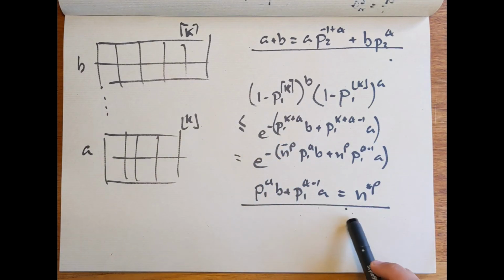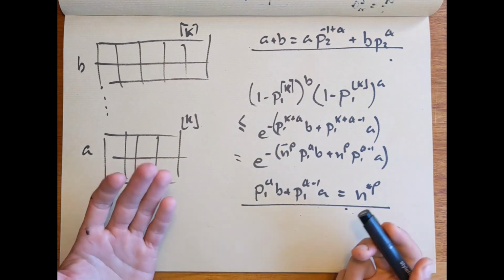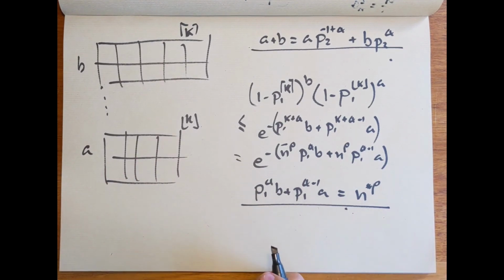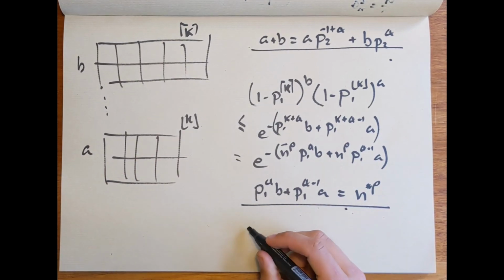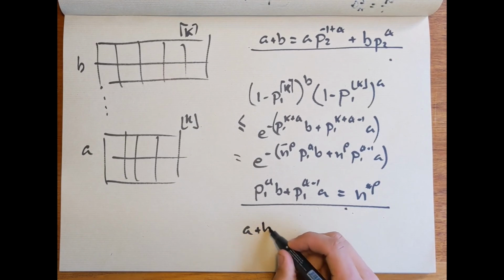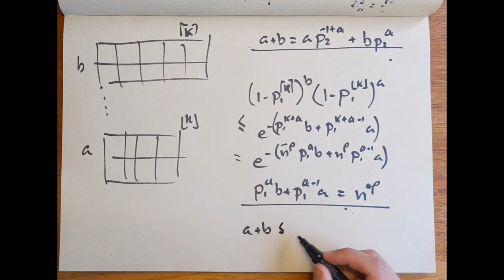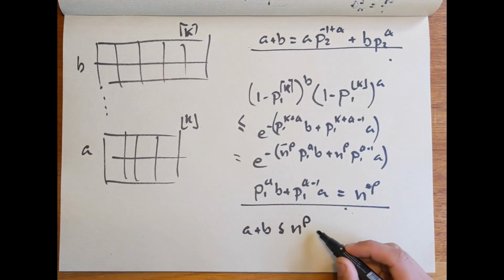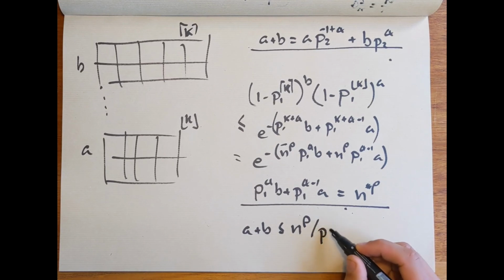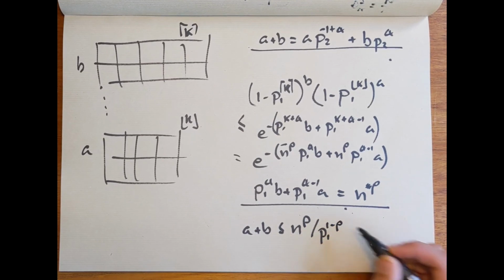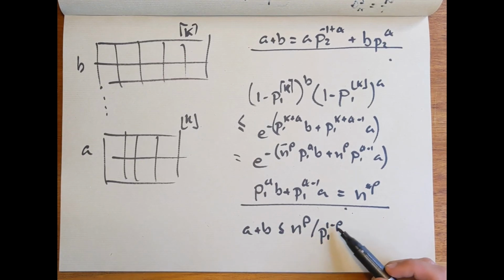So we can solve this simple system, and then after doing a certain amount of math, we end up with a bound that says a plus b is less than n to the rho divided by p1 to the 1 minus rho. So this is quite nice. We see that we've managed to remove a factor p1 to the minus rho.